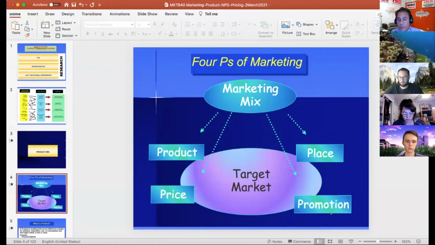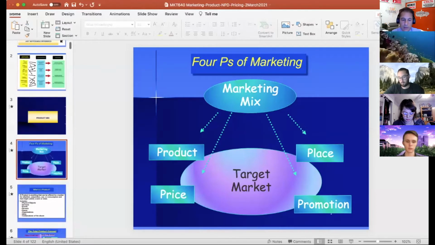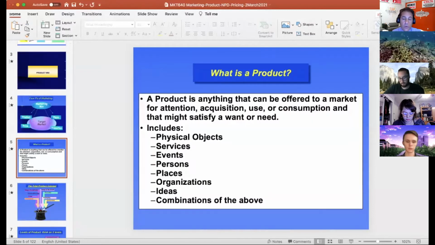There are 4 Ps in marketing, also called the marketing mix. Product is a generic term which includes multiple entities. One of them is a good, a physical object, but also a service, an event, a person, a place, an organization, an idea, and a combination of the above, because not everything is 100% a service.